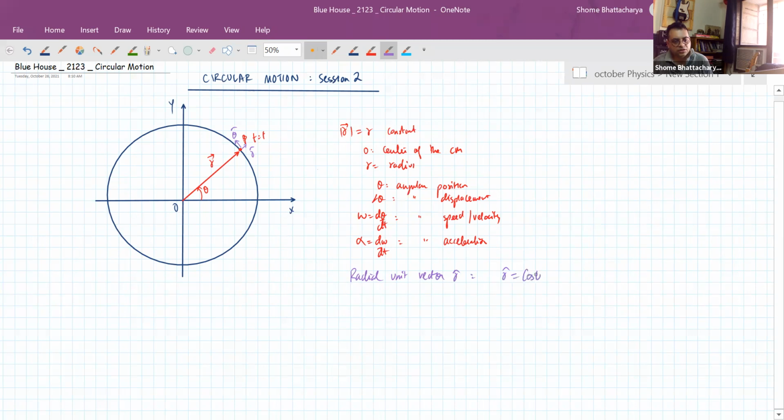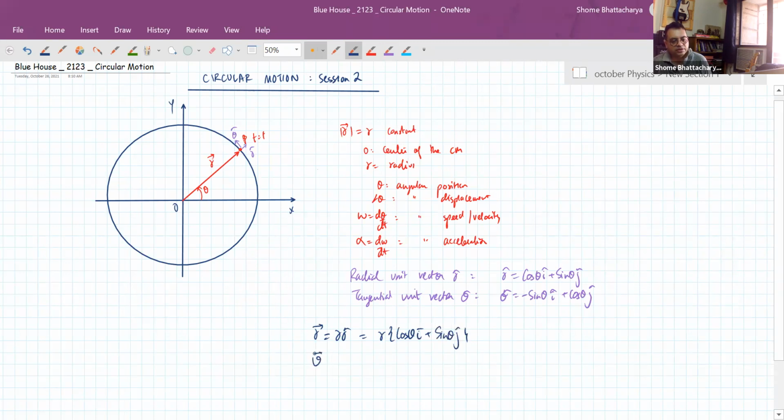So r cap is cos theta i cap plus sin theta j cap, and the tangential unit vector theta cap is minus sin theta i cap plus cos theta j cap. And to that end, we had seen that the position vector at any instant becomes this. So it is in the radial unit vector's direction.